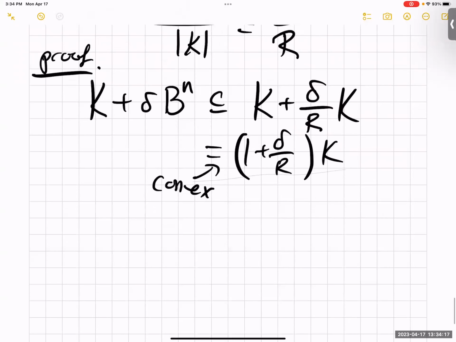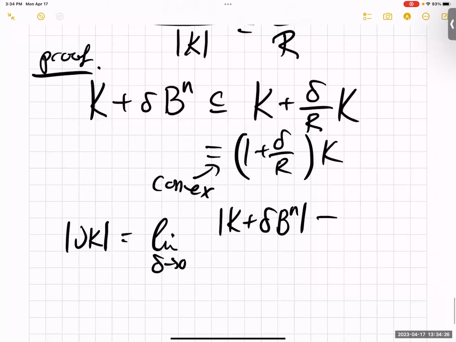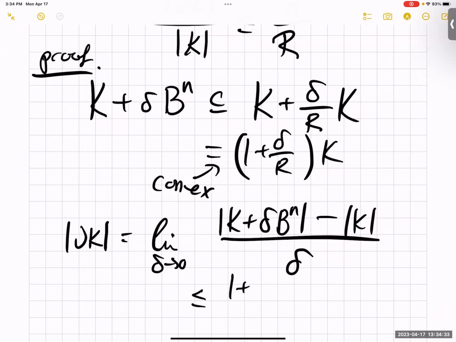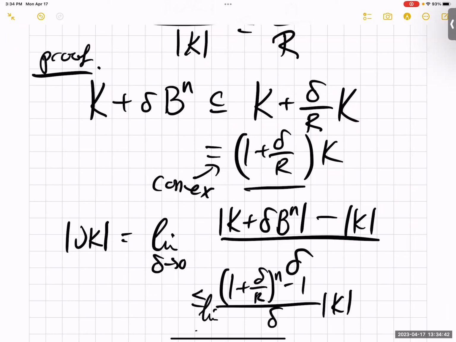The volume of the boundary is the limit as delta goes to 0 of the volume of K plus delta ball, minus the volume of K, over delta. Using this inclusion, this is at most the limit of 1 plus delta over R to the n minus 1, over delta, times the volume of K, which gives n over R times the volume. So that's the proof of the lemma.